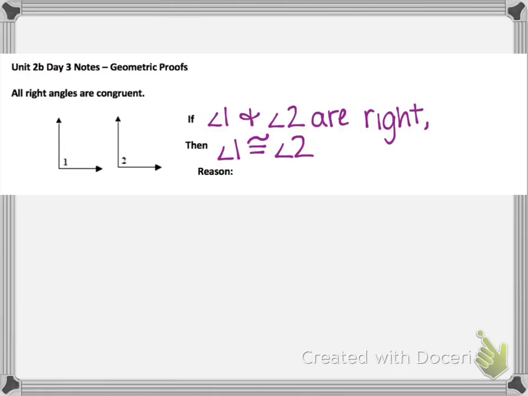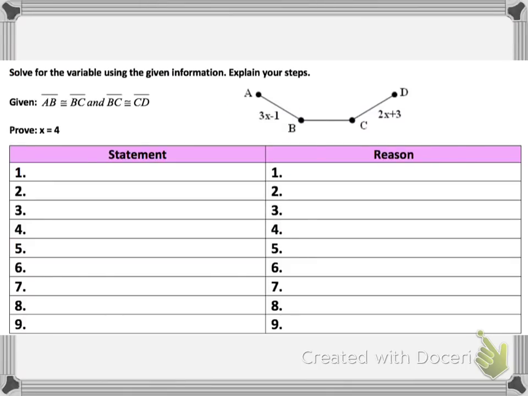And the reason for that is all right angles are congruent. And that makes sense because remember, congruent angles mean they have the same measure, right? So if all right angles are 90 degrees, that means that all right angles have the same measure. So that means that all of them are congruent. All right. Here we go.